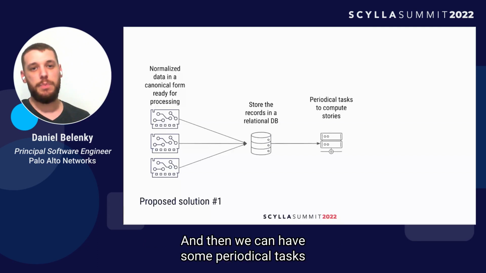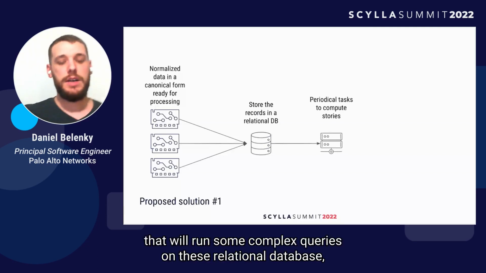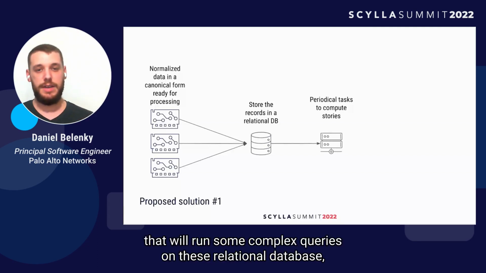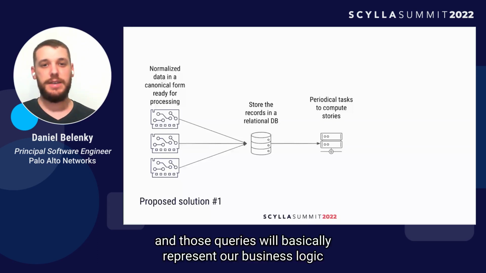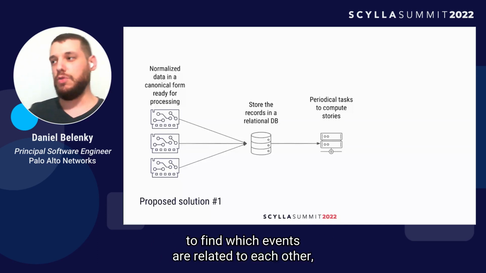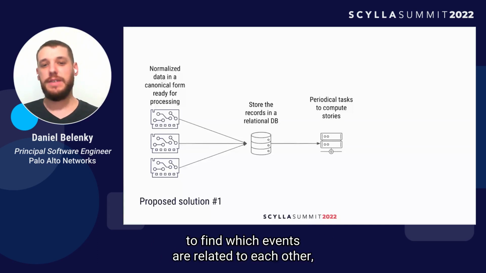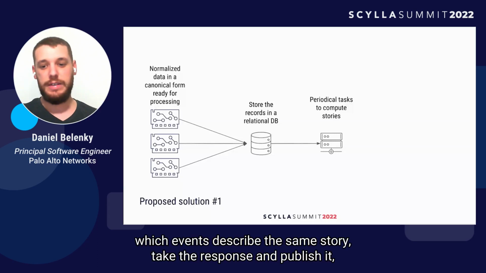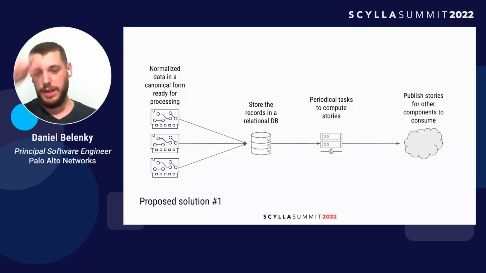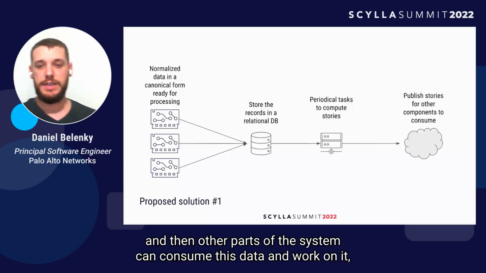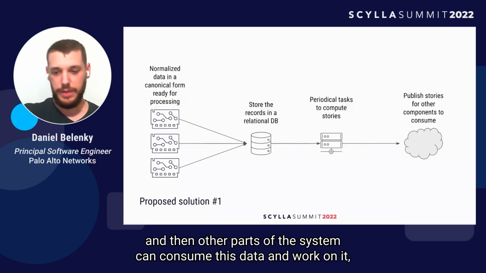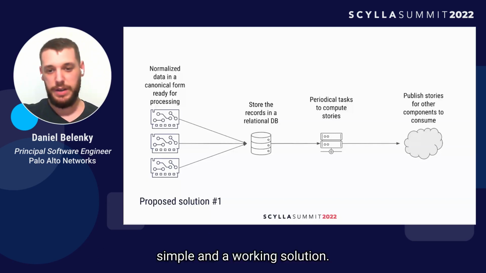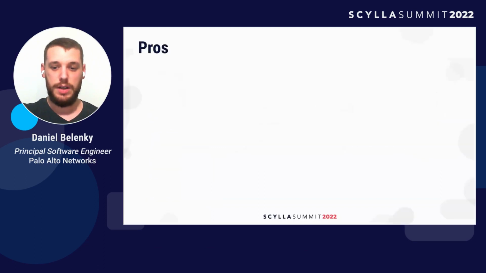And then we can have some periodical tasks that will run some complex queries on this relational database. And those queries will basically represent our business logic to find which events are related to each other, which events describe the same story, take the response and publish it. And then other parts of the system can consume this data and work on it. Simple and a working solution.